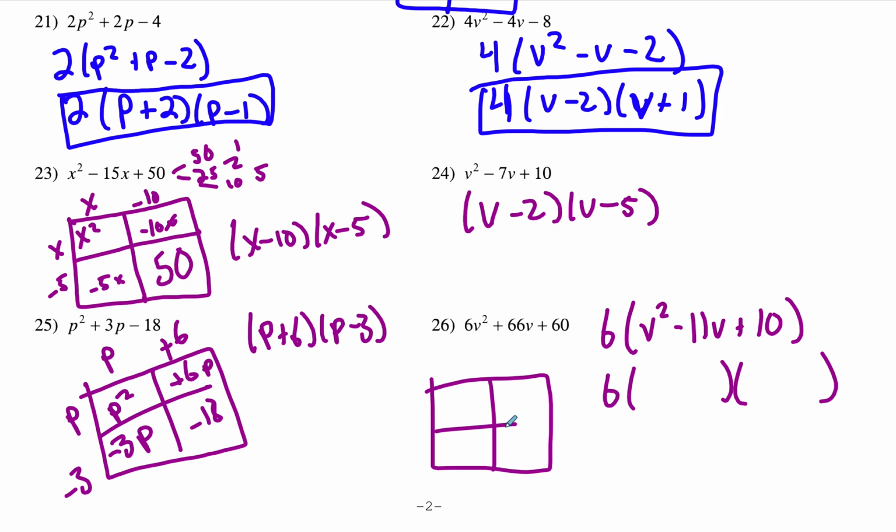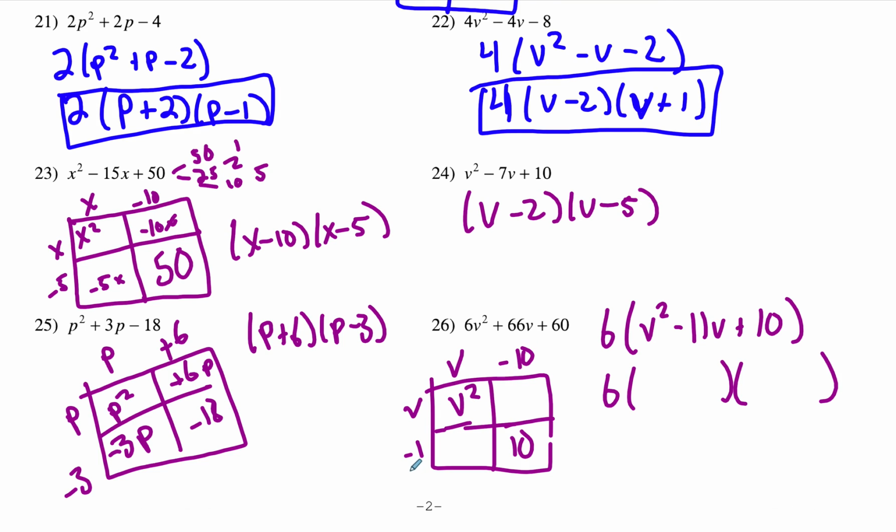Boom. 6v squared and 60. But we don't do that anymore, right? Because we've now boiled it down. So what I want is v squared and 10. So this is a v, this is a v, this is a negative 10, and this is a negative 1.